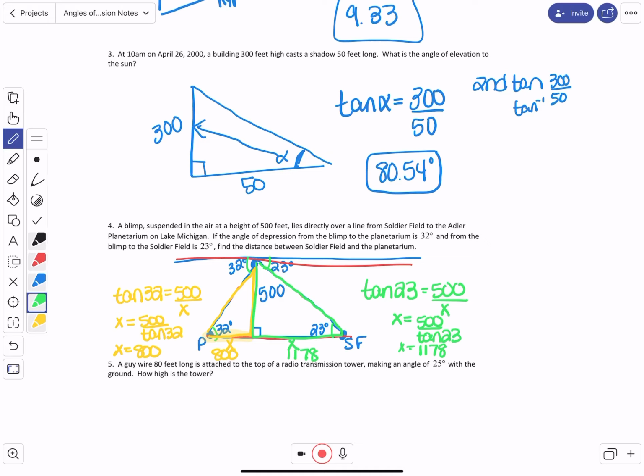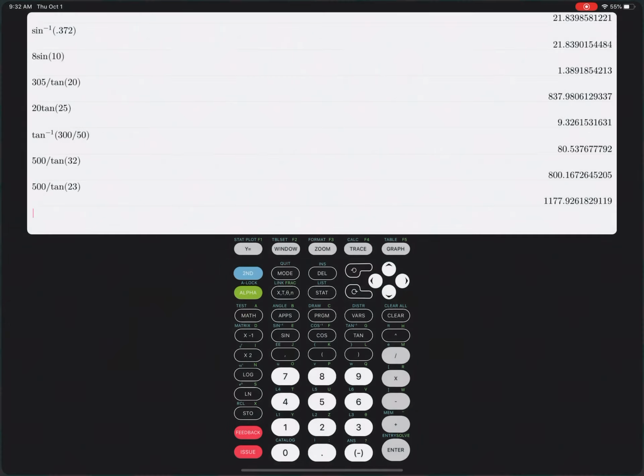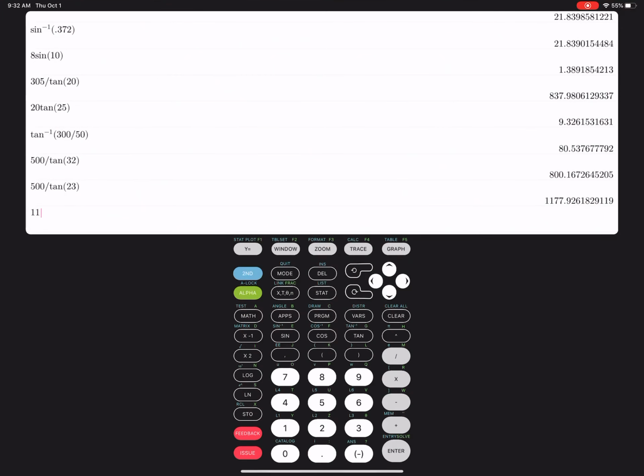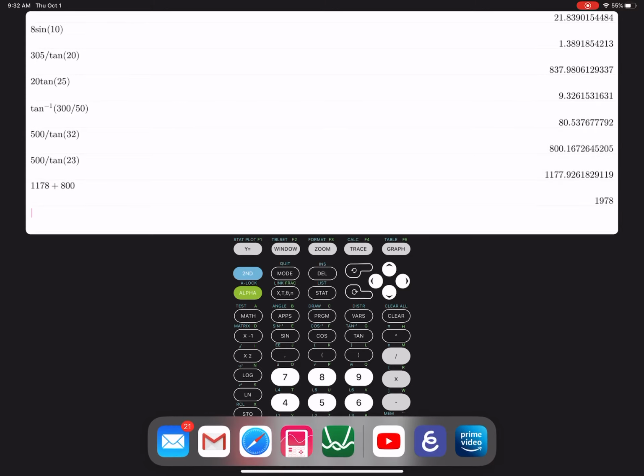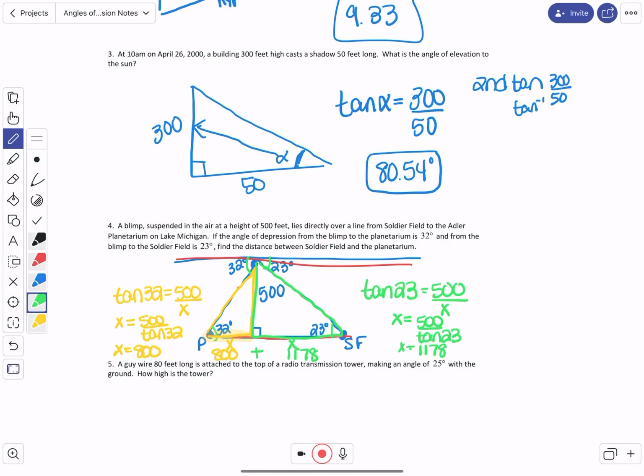Okay. Now, it wants to know the distance between Soldier Field and the planetarium. So all we have to do is add those two numbers up. So 800 plus 1,178, and we get 1,978.